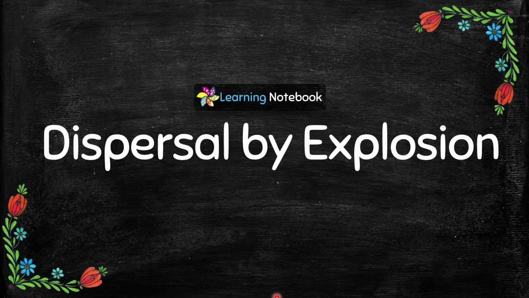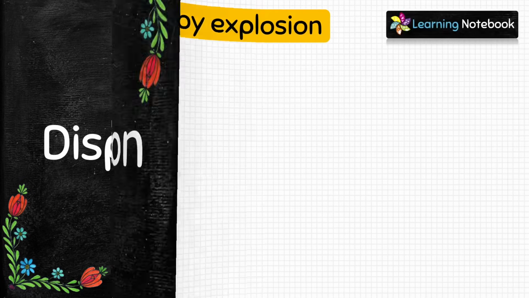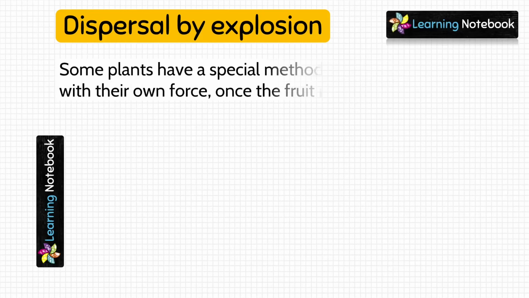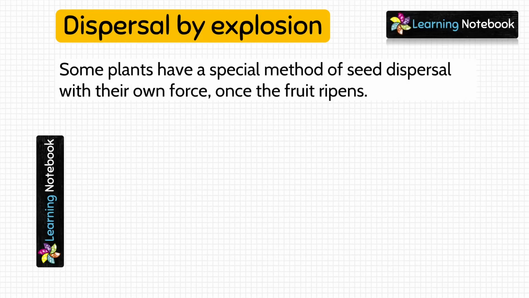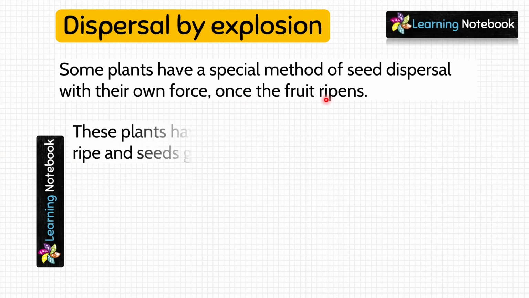Last way is dispersal by explosion or explosive mechanism. Some plants have a special method of seed dispersal with their own force once the fruit ripens.